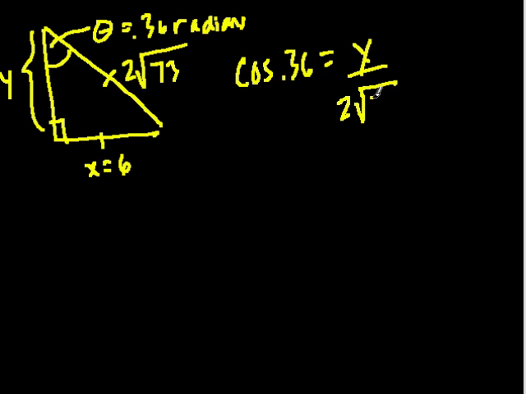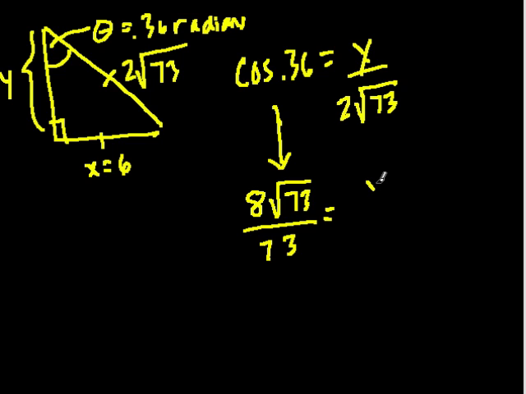I could have used the tangent as well, but I'll leave it to you to think about why the tangent might have taken me an extra step or so, especially with the method I've been using. So the cosine of 0.36, if you look it up in a trig function table or on the calculator, is 8 square root of 73s over 73, equals y over 2 times the square root of 73.